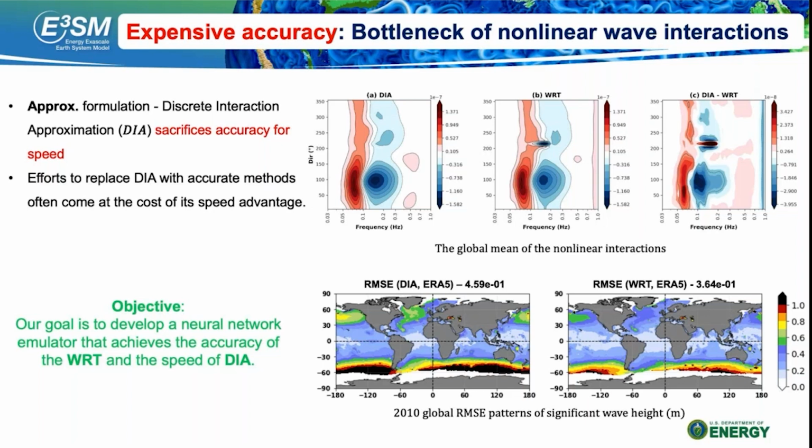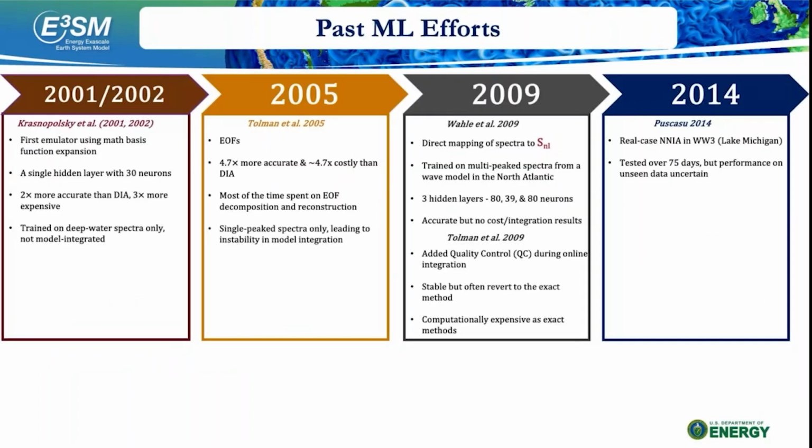In the past, people have tried to use ML to do this, and the last study was done in 2014. They were unable to get a stable model. I'm going to summarize why. The first problem is that they used a shallow ML model, some with just one layer, and there was no global training dataset.